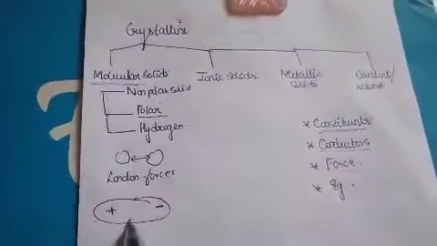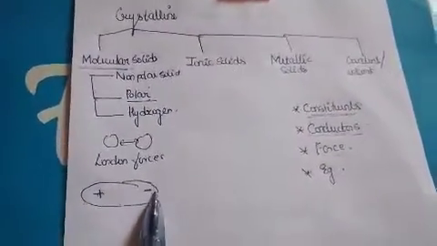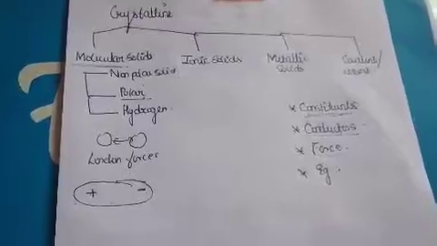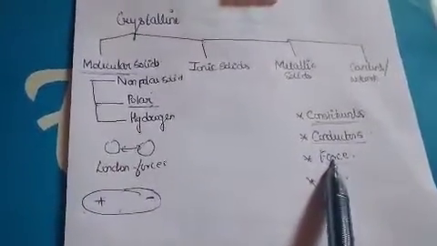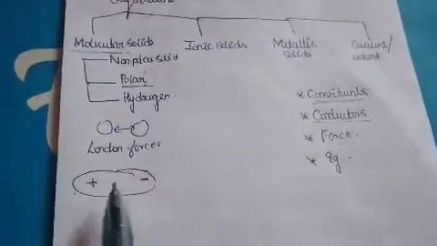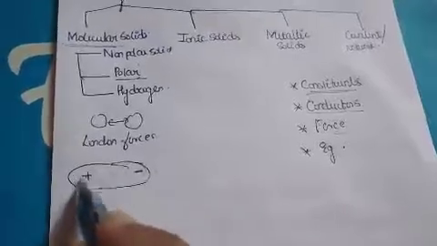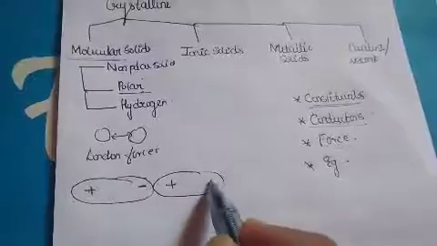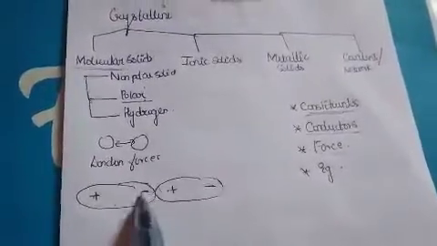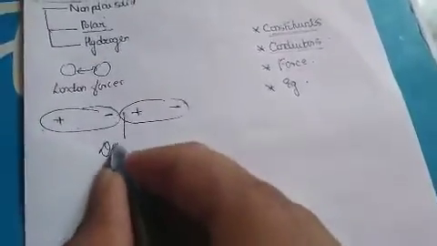But one end has positive charge concentrated, and the other end has negative charge concentrated. So the force between these solids is called dipole-dipole interaction. One molecule has another molecule attached to it in this way. Dipole means two poles.